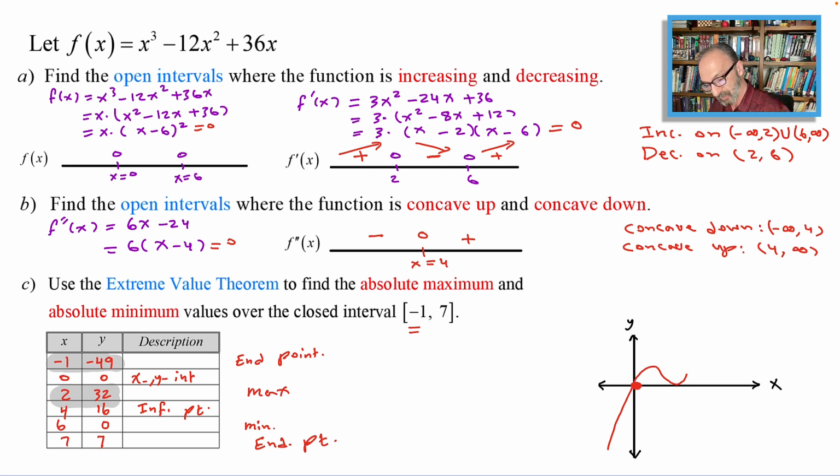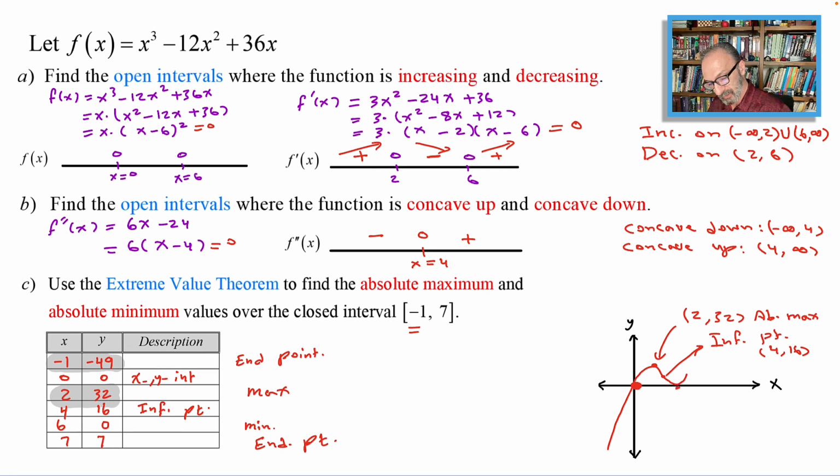So this point is 2. Let's point to them. It's hard to write all of them next to the graph. 2 and 32. That's the absolute max. This point right here is the inflection point, which is 4 and 16.